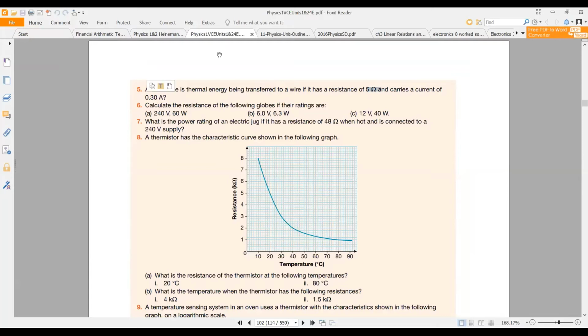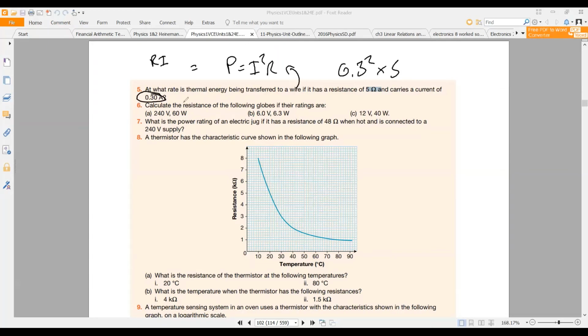You should remember which one of these formulas has resistance and current. Well, look at that: power equals I squared R. So that's where you would use I squared R. If you know that you've got 0.3 amps, 0.3 squared times your resistance, which is 5, then that will give you guys the answer to that one.